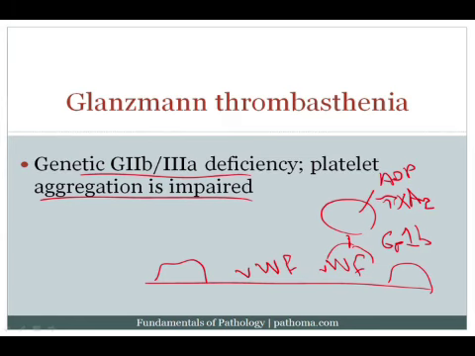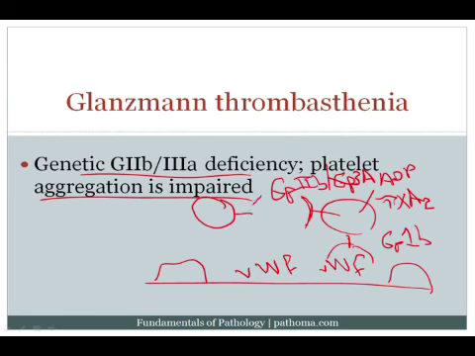Now, remember that the role of ADP was what? Was to cause the platelet to flip out this particular receptor and to express a receptor called GP2B3A, right? And you know that that particular receptor is necessary for the aggregation of other platelets.